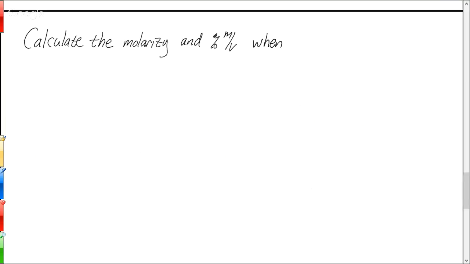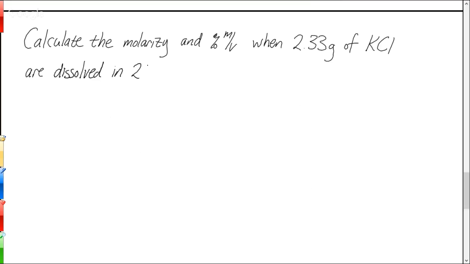Okay, here's one for you to try. Calculate the molarity and percent mass by volume when 2.33 grams of potassium chloride are dissolved in 250 milliliters of solution.